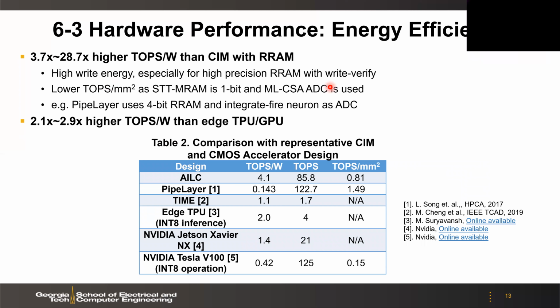The area efficiency of our design is lower than PipeLayer because STT-MRAM is only 1 bit per cell. The RRAM in PipeLayer is assumed to be 4 bits per cell. Compared with CMOS ASIC-based accelerators, our design achieves 2.1 times and 2.9 times higher energy efficiency than the edge TPU and edge GPU, respectively.